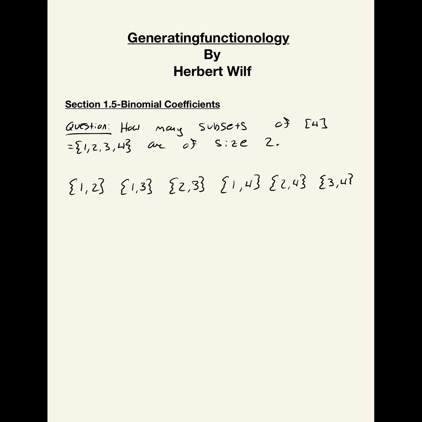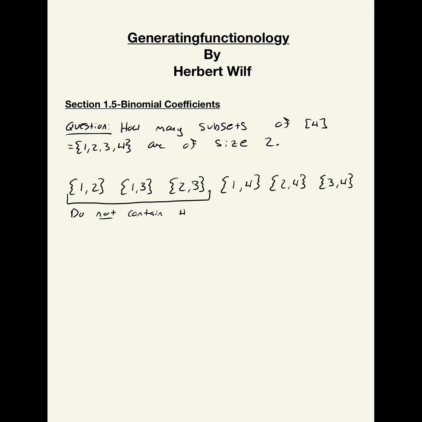Okay, so I wrote these out in a very specific way. I want you to note that the first 3 of these do not contain 4. They do not contain the last element of our set.